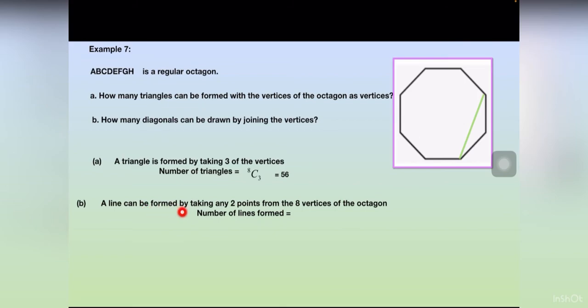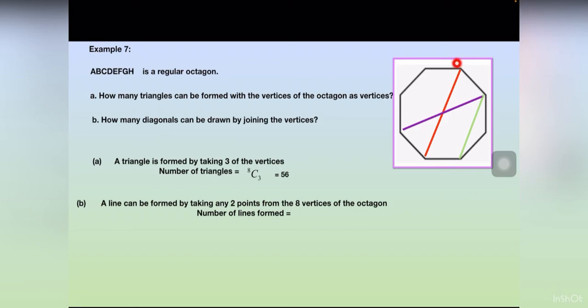A line can be formed by taking any 2 points from the 8 vertices of the octagon. For instance, this is 1 line, or 1 diagonal. If you join the vertices, this will be 2.